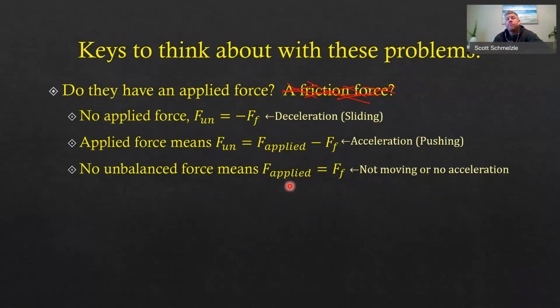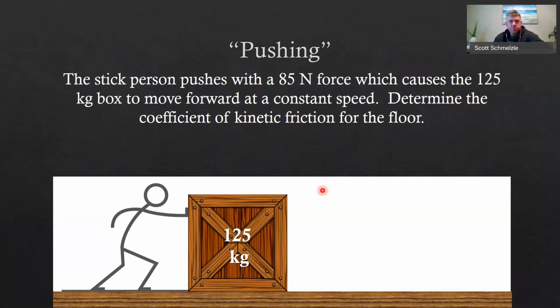No acceleration, then this is also the case. Those become what we look for in these types of problems. A stick person pushes with an 85 Newton force, which causes the 125 kilogram box to move forward at a constant speed. Determine the coefficient of friction for the floor.